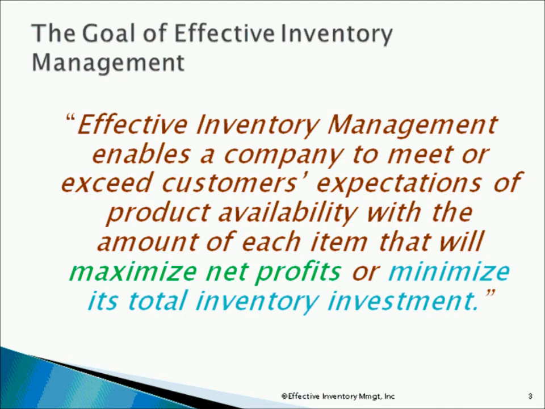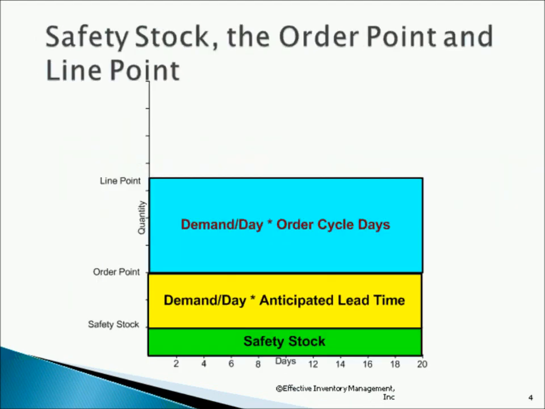Now, it is possible to meet or exceed your customers' expectations of product availability, that is, to have what your customers want on the shelf at all times, but not maximize your profitability. I just want to show you what I mean by this.